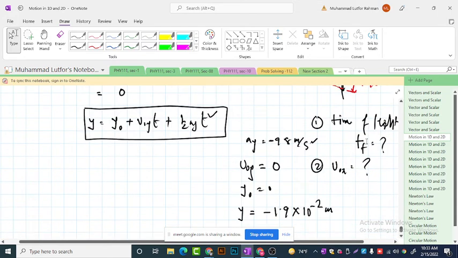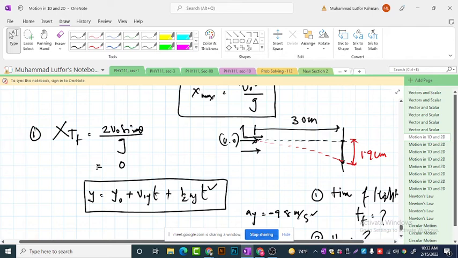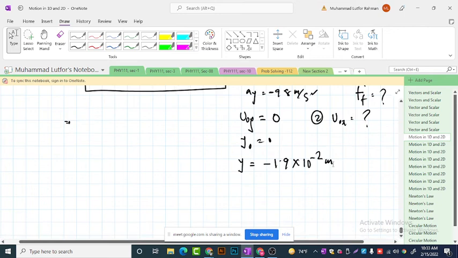Now I'm going to plug this value into my equation, and t is actually the total time it takes to go from that point to that point, which I can say is the time of flight, because at that time it would be in flying mode. So then I will write minus 1.9 times 10 to the power minus 2, and it's going to be y naught 0, v naught y t is 0, minus 4.9 t square, because 9.8 divided by 2 is 4.9, with the minus sign.